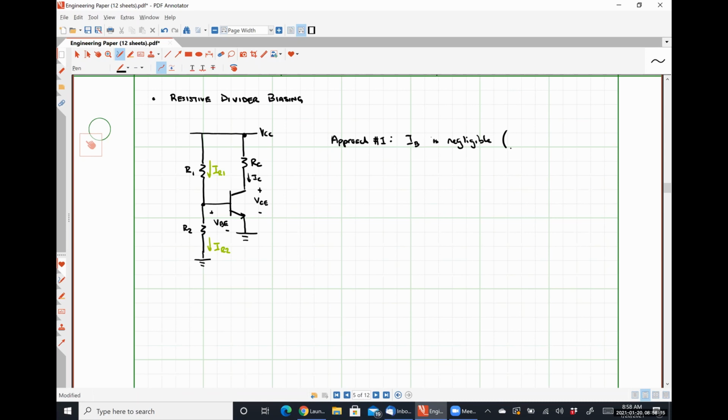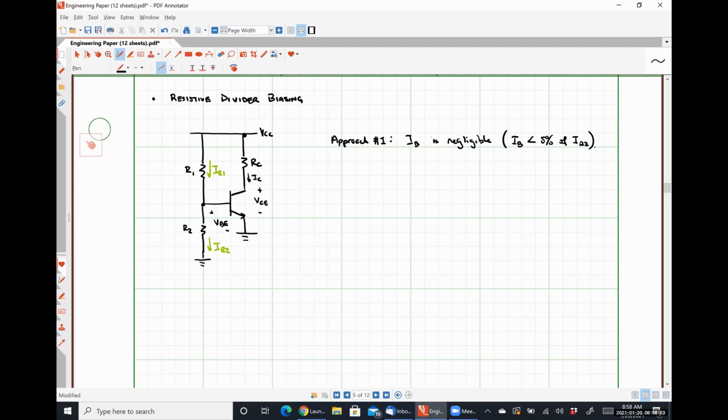So let's say that IB needs to be less than 5% of that current IR2. This is not specified in the book. This is just something that I am adapting because I don't like the lack of specificity here, what's negligible versus what is not. So I'm giving us a criteria that we need to meet. Yes, Mr. Washington. IR2, yes. So that is the current flowing through the voltage divider network.